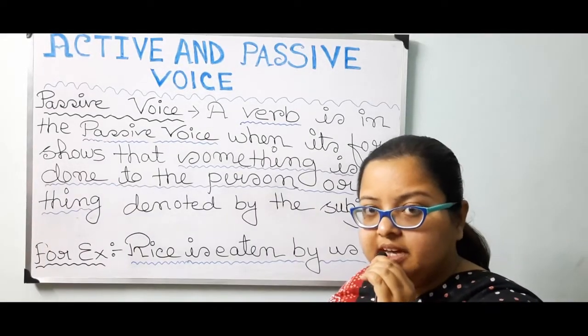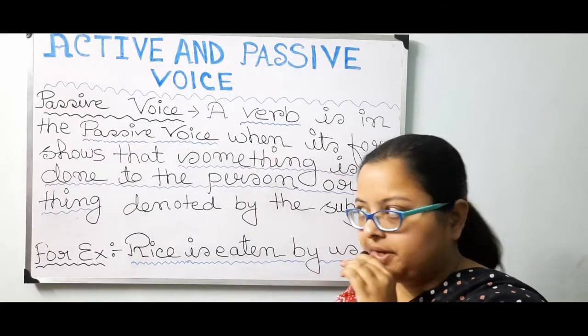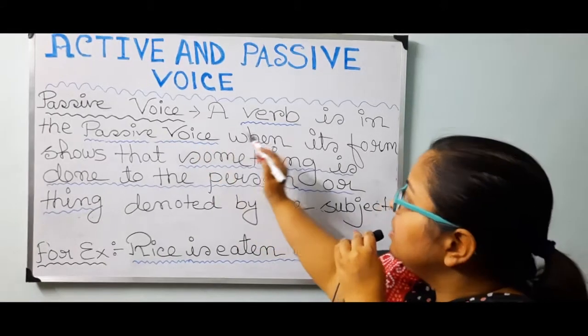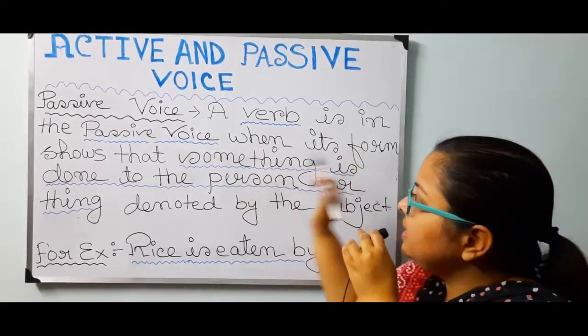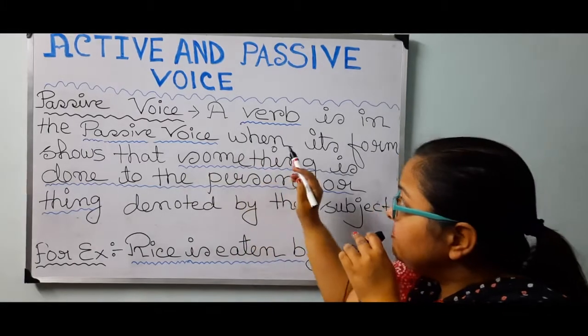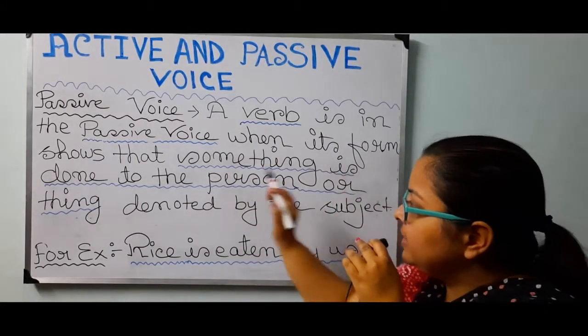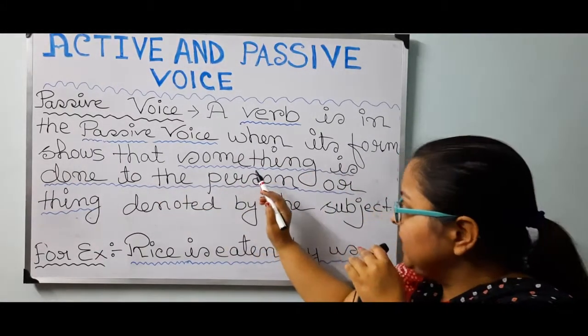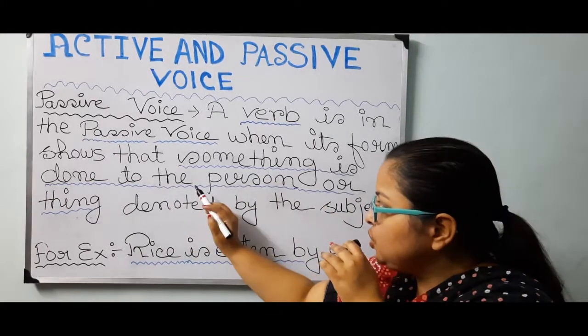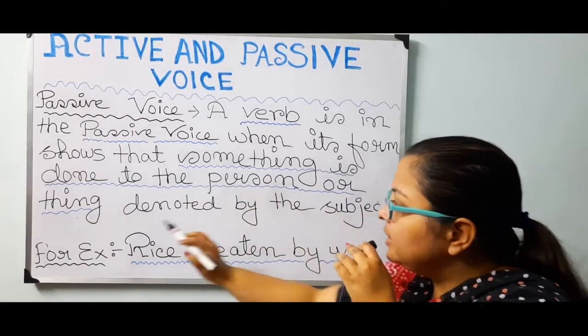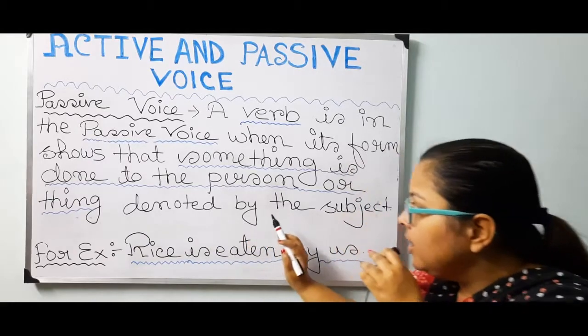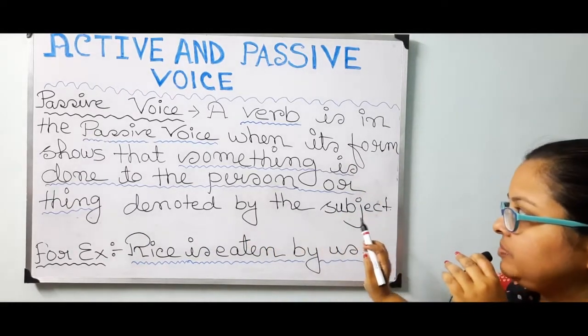Let's see the definition of passive voice. A verb is in the passive voice when its form shows that something is done to the person or thing denoted by the subject.